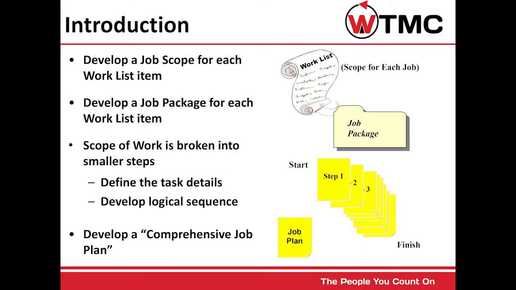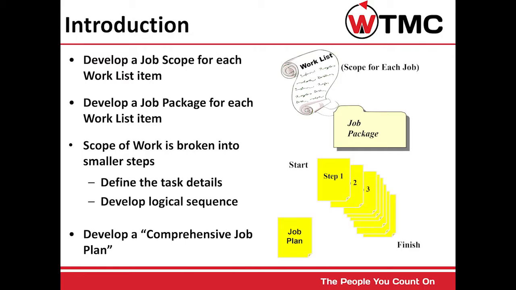In our job planning, we must develop a job scope for each work list item, develop a job package for each work list item, develop a scope of work which is broken into smaller steps. We define the task details, we develop the logical sequence, and we develop a comprehensive job plan.